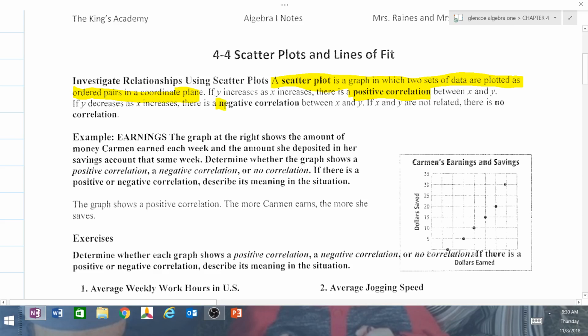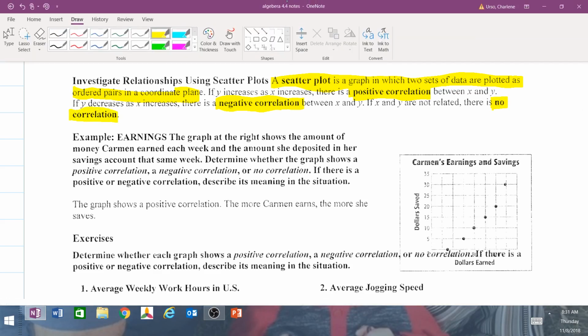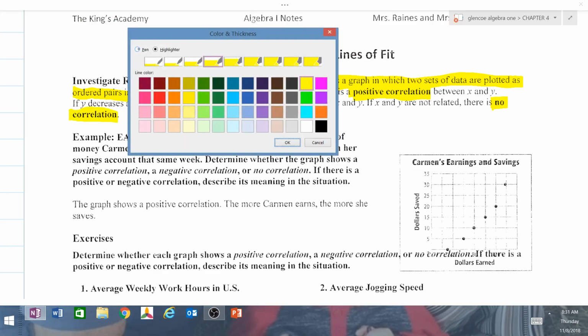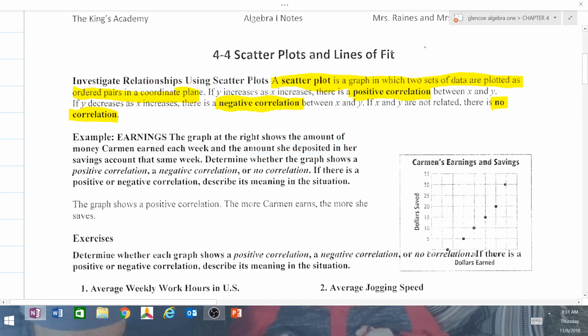Then we talk about negative correlation, and you'll see the little points that are scattered will fall from left to right. And if there's no correlation at all, it'll be a big mishmash of nothing. Okay, so there are certain things that definitely have a relation and other things that do not. So we're going to look this morning and investigate together.